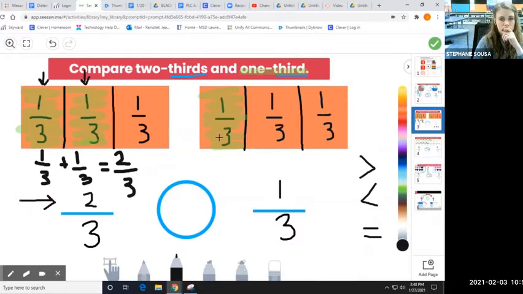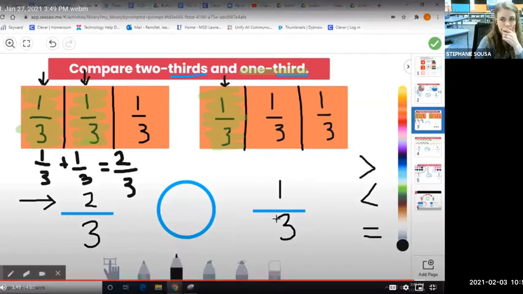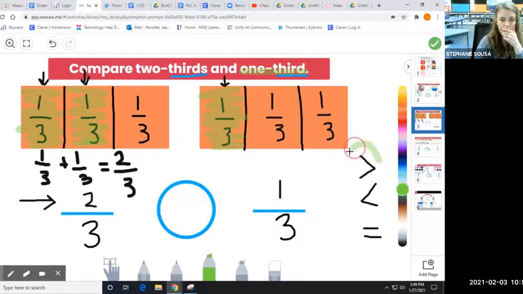On the right side, where I've represented 1/3, I only have 1 part counted or shaded. This is how I know that 2/3 is greater than 1/3. So now I'm going to select my correct symbol. 2/3 is greater than 1/3.